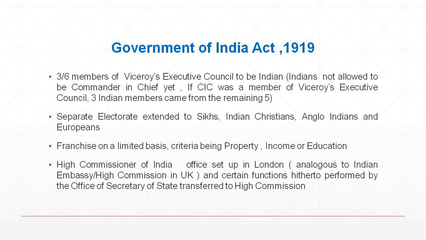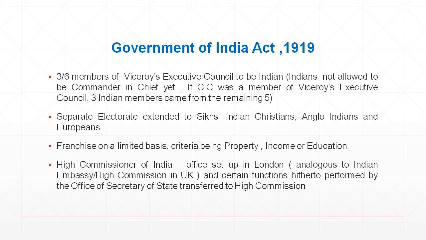So that 10 acres of land is like the minimum qualification for you to be eligible to vote. There was no universal suffrage. Or you should be paying a minimum amount of tax, that is your income should be above a certain level, or you should have a minimum education like BSc or BE, whatever it is.